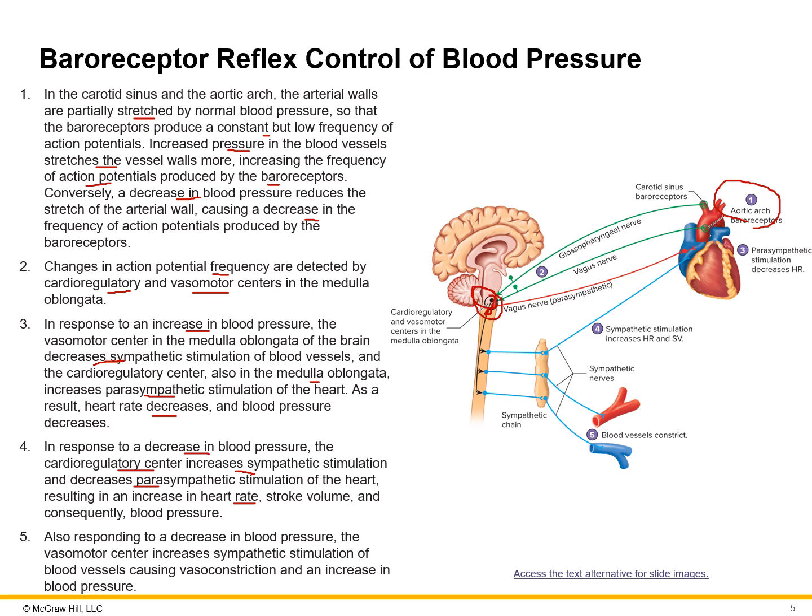So also responding to a decrease, that vasomotor center increases sympathetic stimulation and causes vasoconstriction to increase the blood pressure. So when the blood pressure drops, both the cardioregulatory center and that vasomotor center are going to get activated to increase sympathetic stimulation.